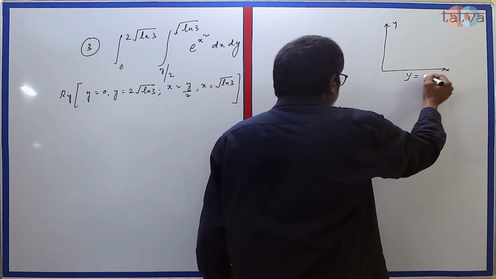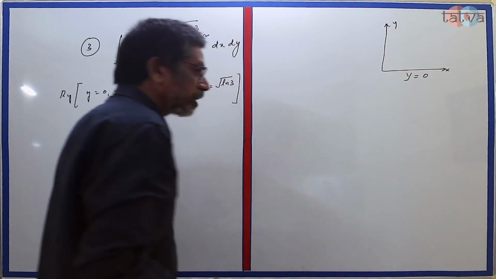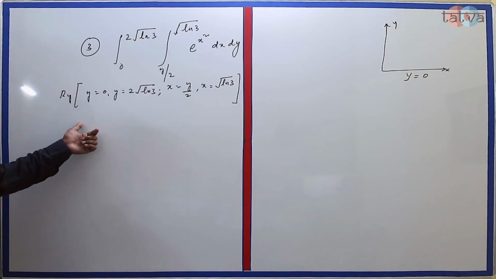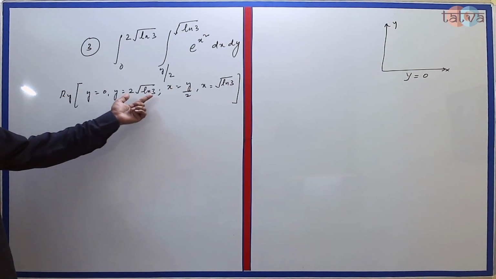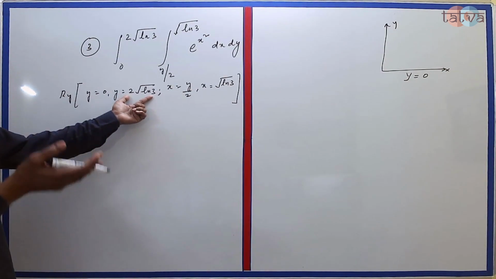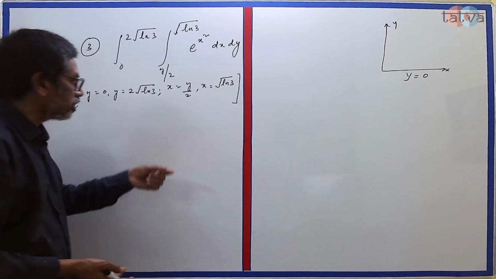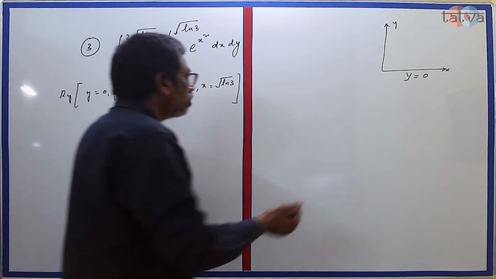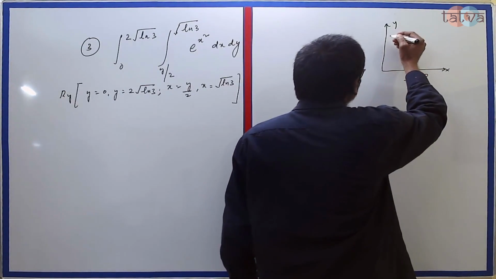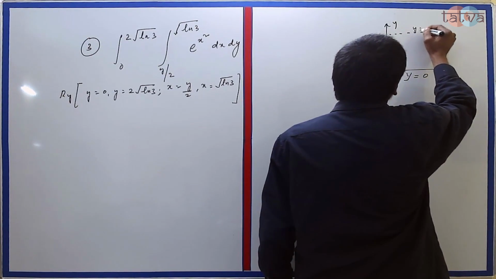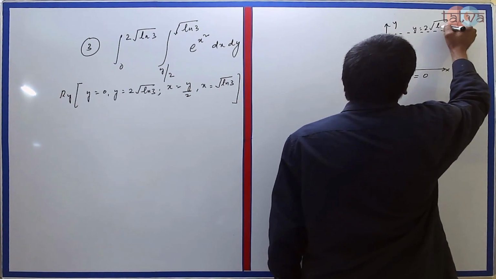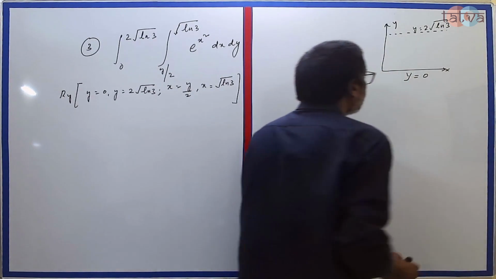Beginning with y is equal to 0, which corresponds to the x-axis. I draw another line parallel to the x-axis. So many units above the x-axis, 2 square root of log 3. Don't worry what's the numerical value, but it must be some positive number. So this is y is equal to 2 square root of log 3.